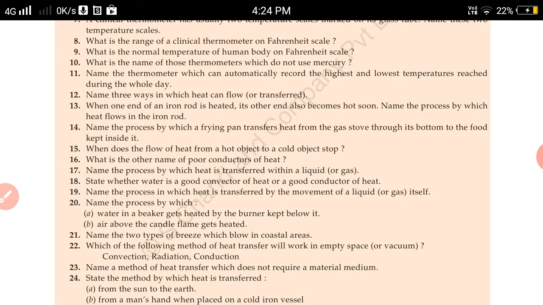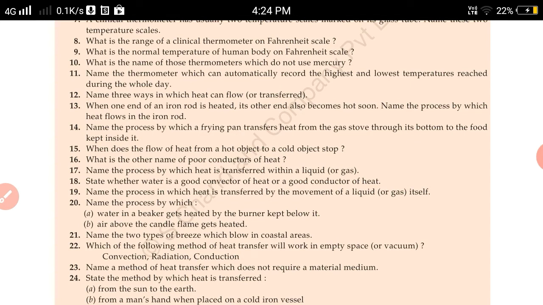That is convection. Name the process by which water in a beaker gets heated by the burner kept below it. It is due to the conduction process and also due to convection inside the water.